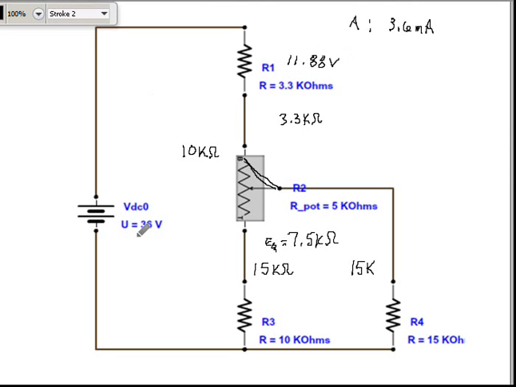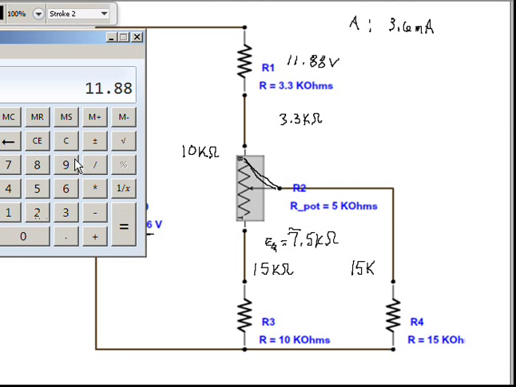Now we can either just subtract from the 36 volts, or we can use our equivalent resistance times the current, which is what I choose to do anyway. So 7.5K times 3.6 milliamps equals 27 volts. 27, easy, even?